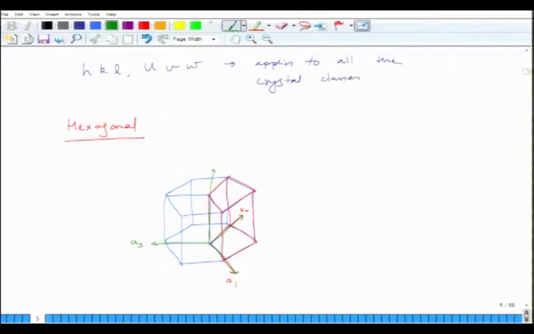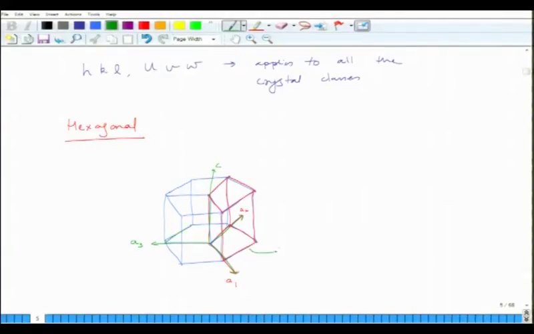So, if I take this four axis system A1, A2, A3 and C, normally in hexagonal system we call this the A axis and C axis, because A1 and A2 are equal and symmetric. We call both of them A axis, and the one perpendicular to the basal plane is called the C axis. The base is called the basal plane.